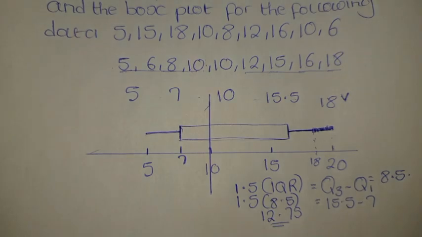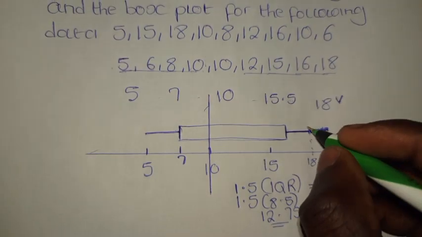But there are times when you need to know where the outliers lie. The outliers are simply the data values that are outside the limits. So these are called the limits.